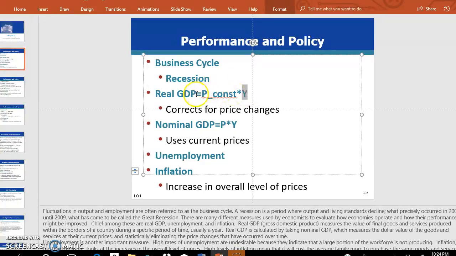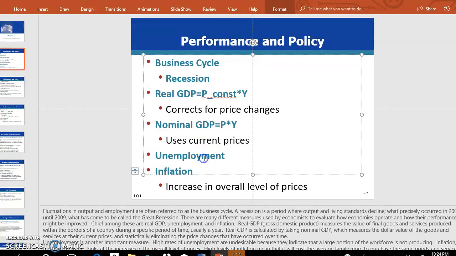So real GDP will reflect an increase in the production of goods and services after adjusting for price. On the other hand, nominal GDP will not adjust for that price. In nominal GDP, the price we use is not adjusted for inflation. So nominal GDP will show us just the nominal value of goods and services produced in the economy, right?